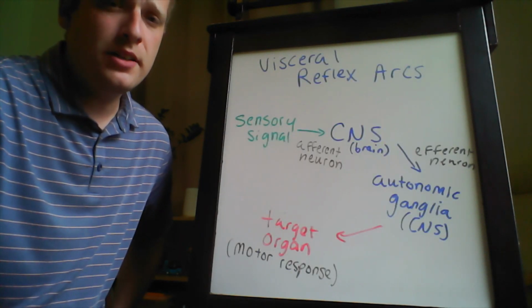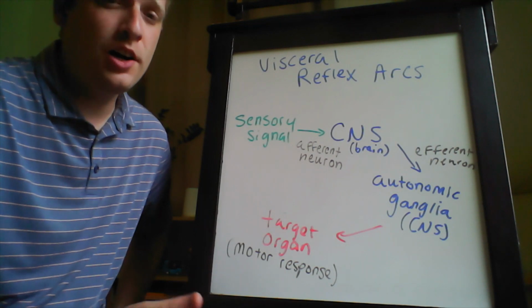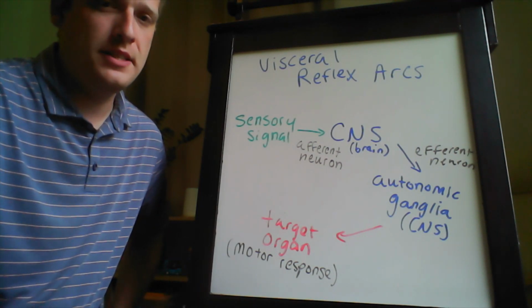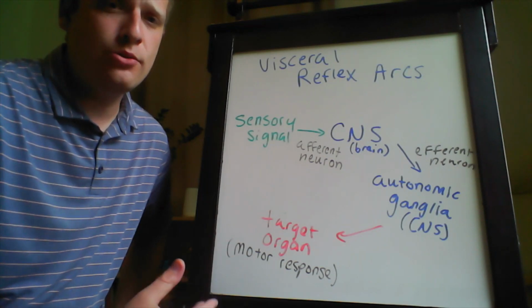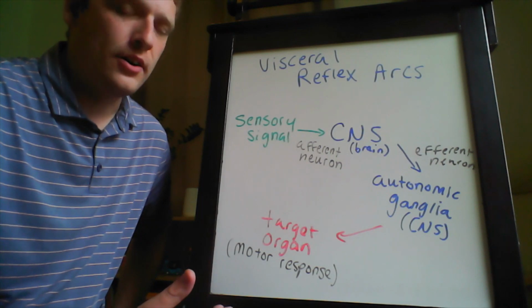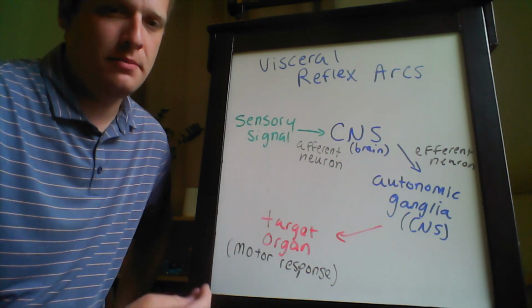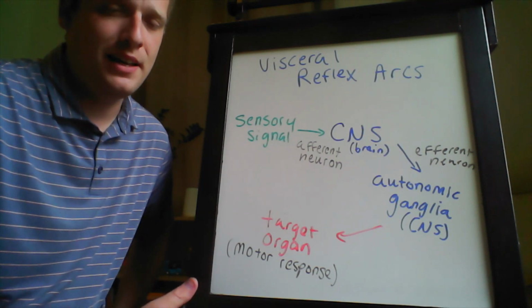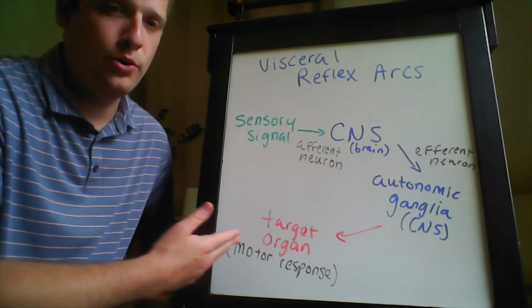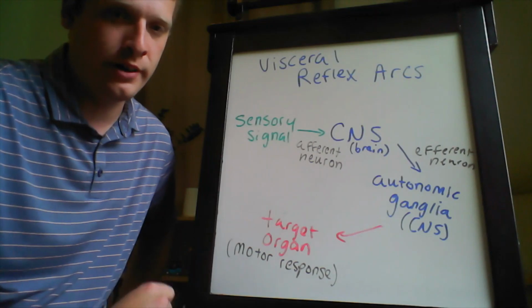Since the autonomic nervous system operates subconsciously, we would say that the activity of the autonomic nervous system depends on visceral reflex arcs. These reflex arcs are where a decision is being made based on incoming information for whether to activate or inhibit a certain target organ, say the heart.